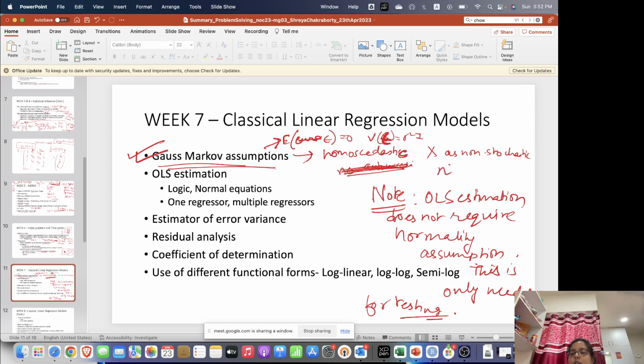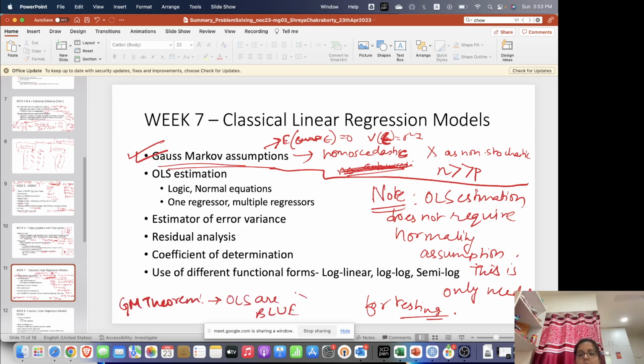The number of observations should be greater than the number of parameters. So these would fall under the Gauss-Markov assumptions, and the Gauss-Markov theorem states that if the assumptions hold, then OLS are the best linear unbiased estimator.